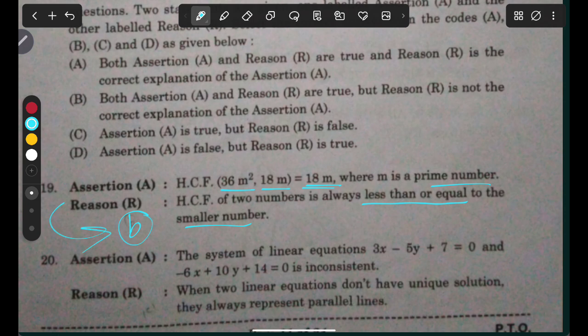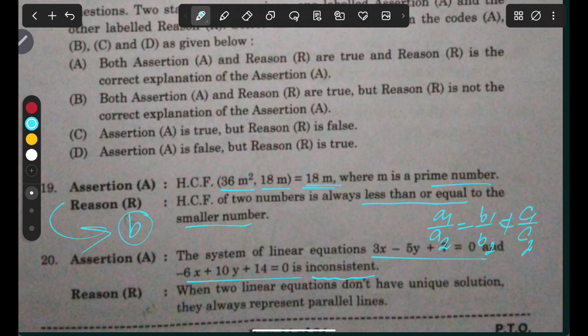Now the 20th question is: the system of linear equations is inconsistent. Inconsistent means there is no solution. That means the lines are parallel. That means A1 upon A2 should be equal to B1 upon B2 but not equal to C1 upon C2.